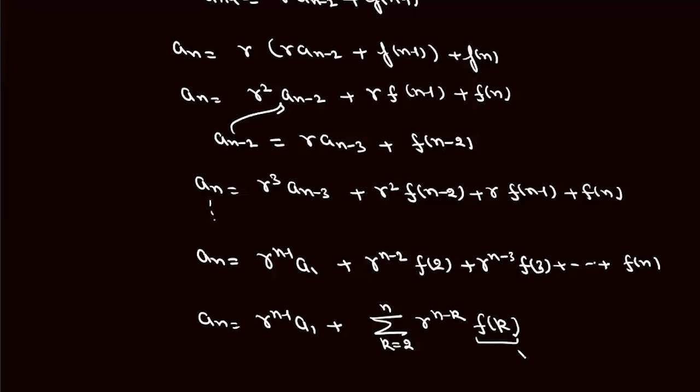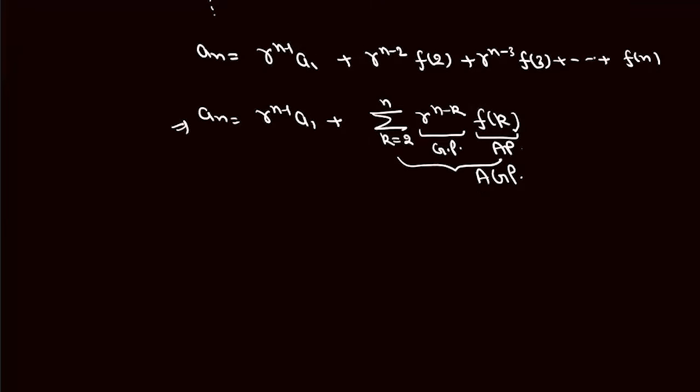Now this Fk is a linear part, so it's an AP, and R to the power n minus k is a GP. So in this recurrence relation, finding these n terms led to this AGP.